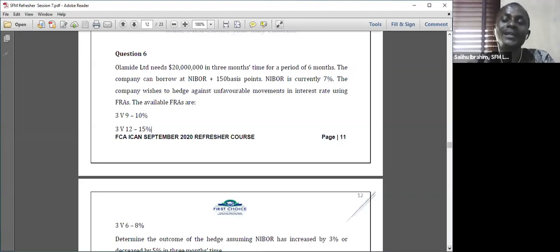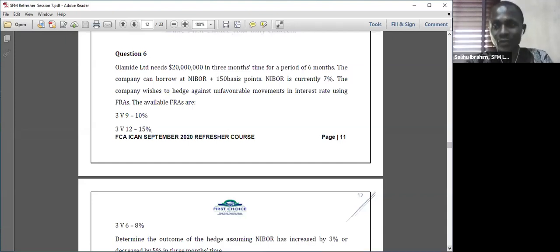If, however, the rate increases above the fixed rate, the company will say, hooray, thank God I borrowed at fixed interest rate.